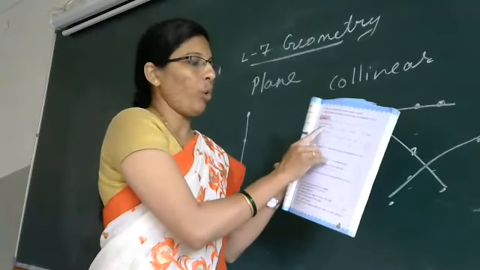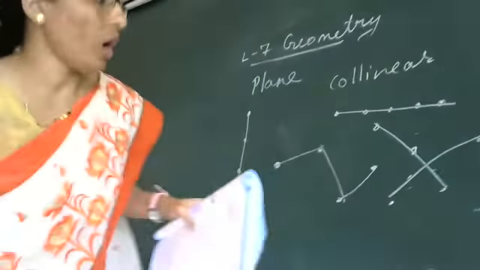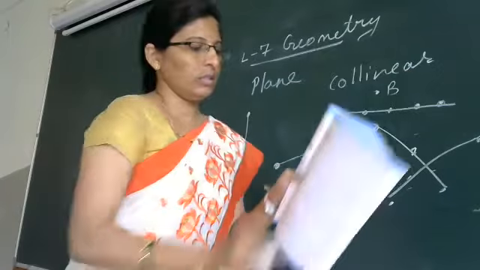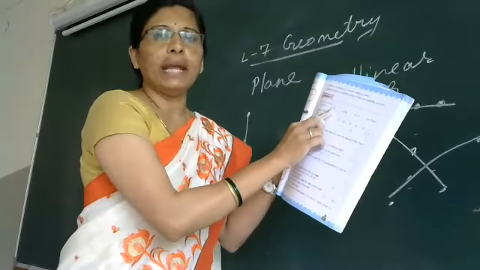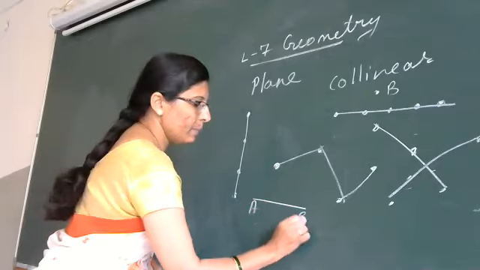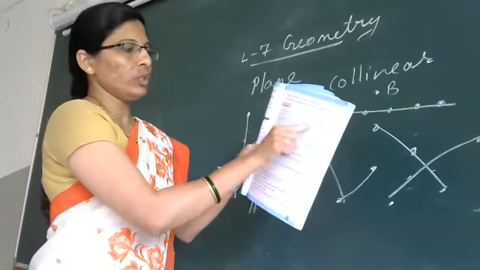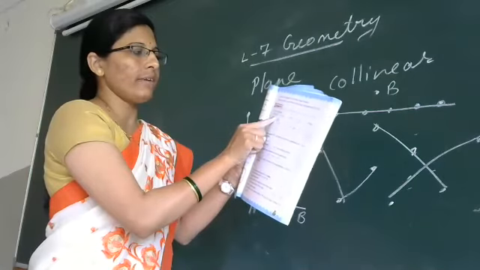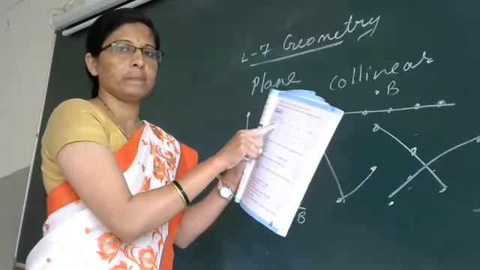Draw the following. Point B: you have to draw a point and name it as B. Line segment AB: you have to draw a line and name it as AB. So this first question you will try. Exercise 7.1 first question.